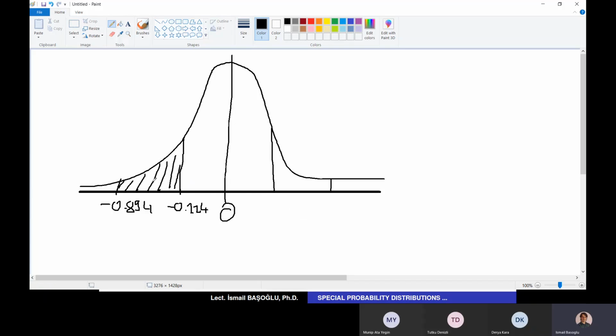So how will we find this area? How do we find this area? By looking at the positive counterpart of it. Because the distribution's PDF is symmetric around 0, we can calculate the area between 0.224 and 0.894.